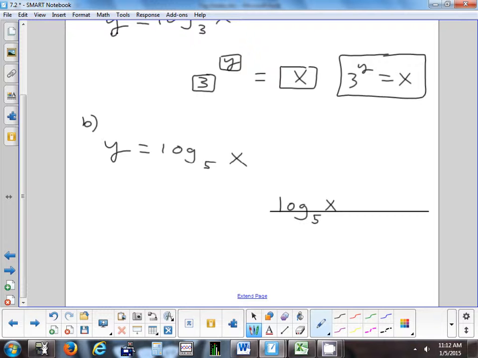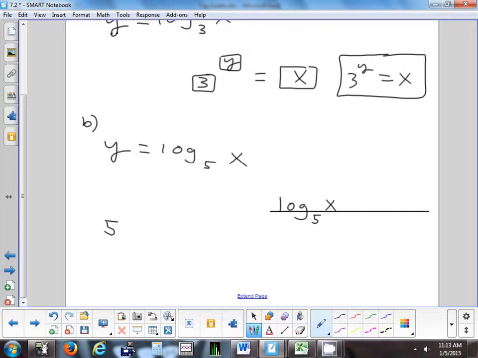Okay, Cody, what's my base? What's my base here, Cody? 5. Right. It's the number that's lower than everything else. So we'll have that as our base.